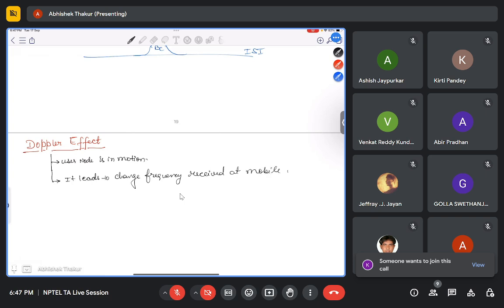Okay, so this is the Doppler effect, and this occurs due to motion between transmitter and receiver.